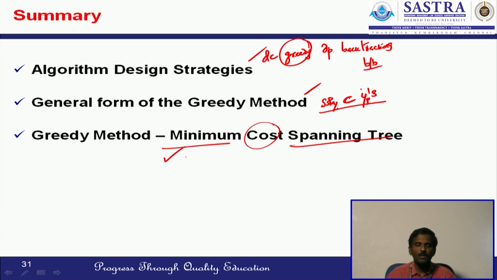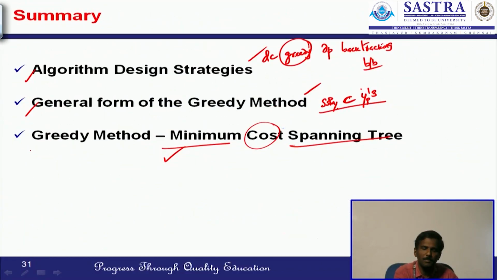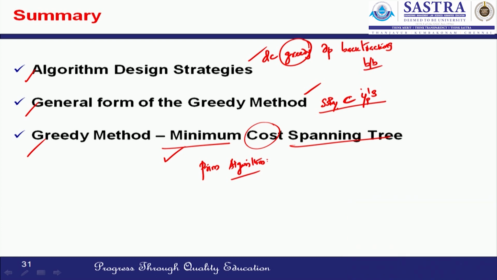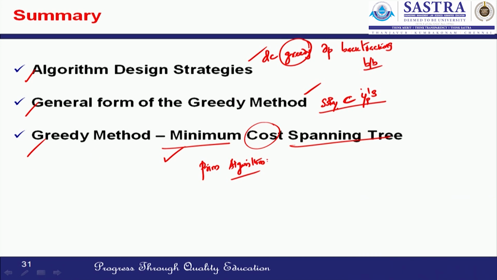So in this session, we have seen these topics: algorithm design strategies, the general form of the greedy method, and the fundamentals of minimum cost spanning tree. In the next session, we focus on how to find the minimum cost spanning tree for the given weighted connected graph using Prim's algorithm. Okay, thank you very much.